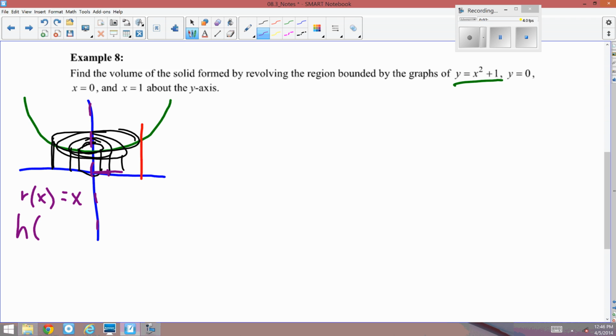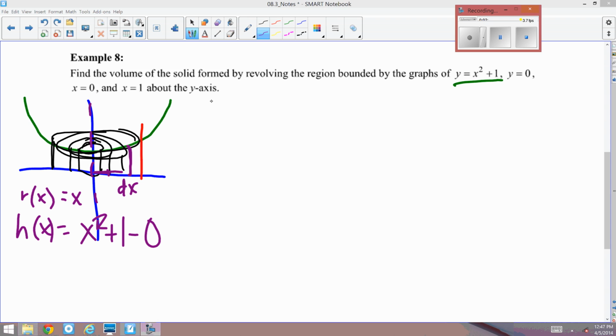Now the height, it's always good to draw it. The height is just from that line, y equals x squared plus 1 minus 0, top minus bottom. And in this case, we also have dx.